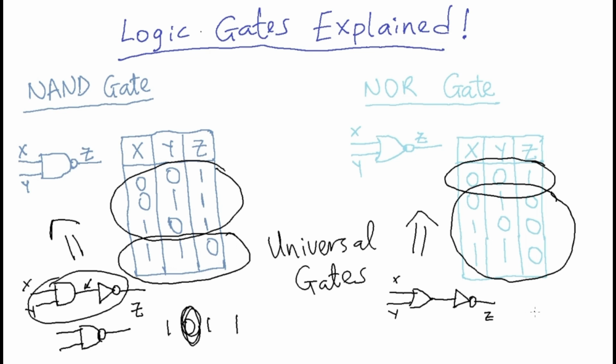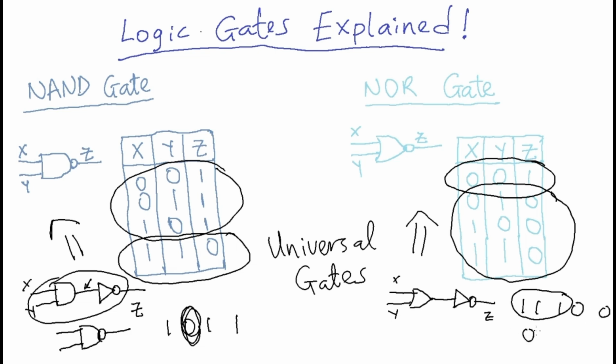If we had a four input NOR gate and we had one, one, one, and zero, because at least one of the inputs is a one, our output would be zero. In this case, there are three inputs that are one, so our output would be a zero.